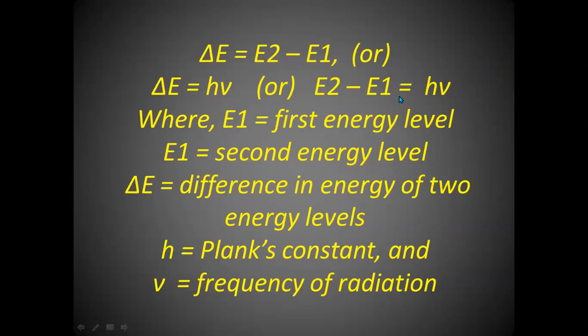If it is 0, this whole will become 0, meaning energy is neither absorbed nor emitted. If it is 1, we can say 1 photon or 1 quanta is absorbed or emitted. 2 photons, 3 photons, like that.